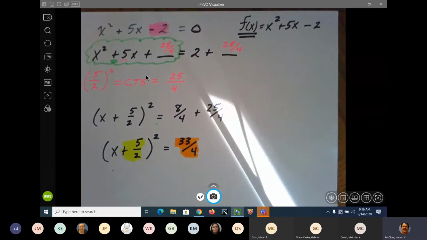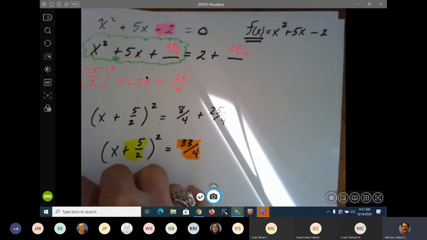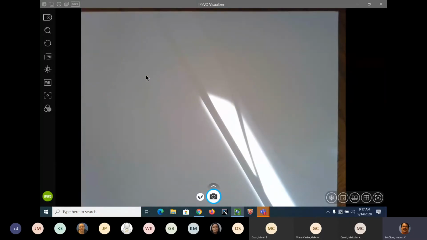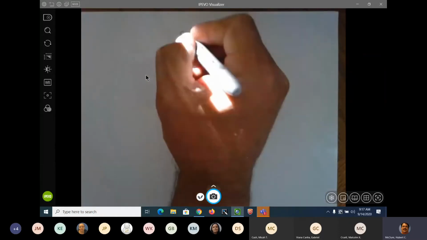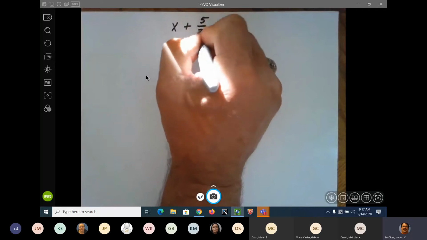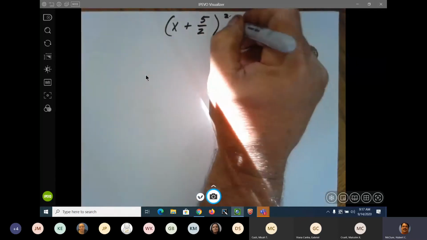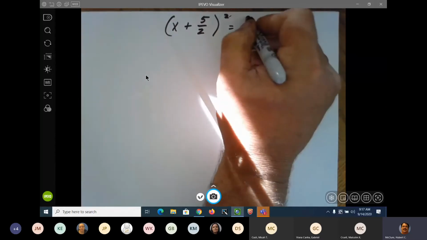So now we're going to continue. Now there's three things we got to do here. I'm going to write this on the next page, and we're going to go in our 3 different directions. So x plus 5/2 quantity squared is equal to 33/4.